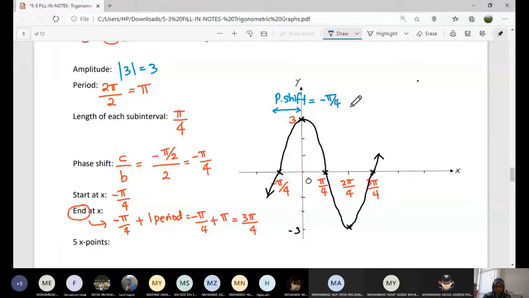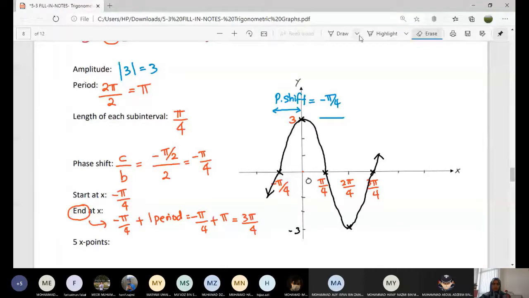And then the amplitude, and also label the period. The period starts from negative pi over 4 until 3 pi over 4.